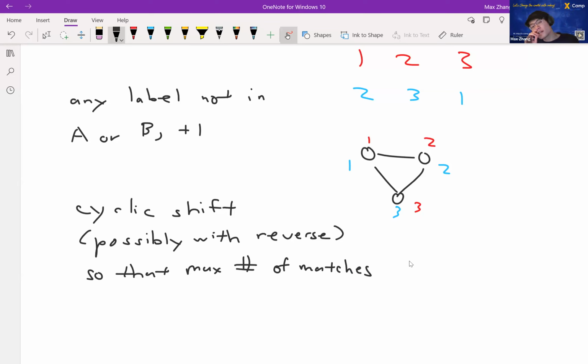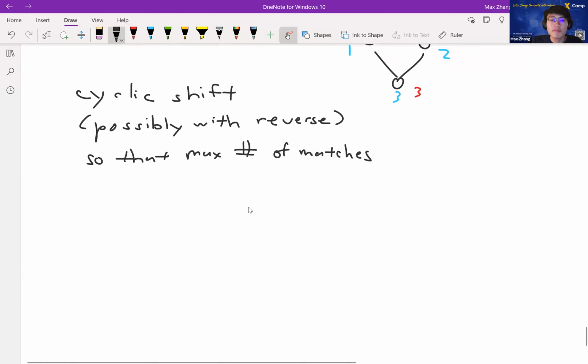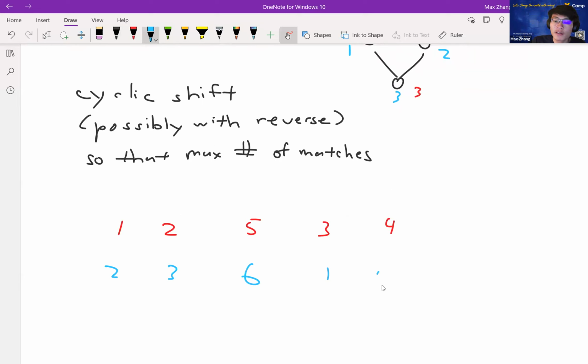Since n is large, we can't manually try every single shift, but we can observe that in this problem the labels are distinct, 1 through n. It's a permutation overall, and that's a big deal. Say one array is 1, 2, 5, 3, 4 and the other is 2, 3, 6, 1, 5.